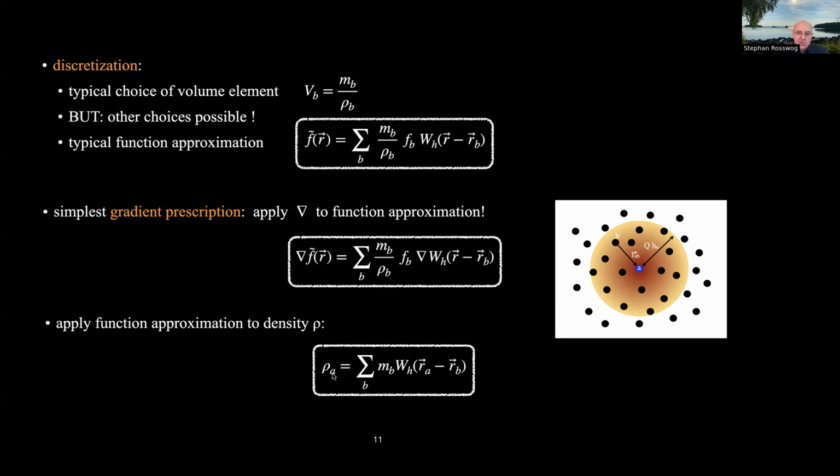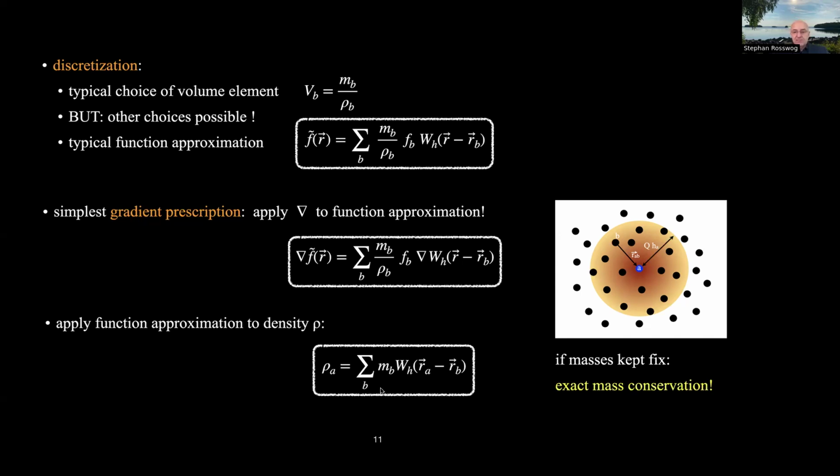If you now talk about a particle A, the one I've marked here in blue, then you have to figure out which other particles are inside the support of the kernel function. Then you're essentially weighting the mass of these neighboring particles with the kernel function. Just as we said before, the dimension of the kernel function should be 1 over a volume. So we have a mass over a volume, which is dimensionally correct. That means we have a simple but very robust way to estimate the density.